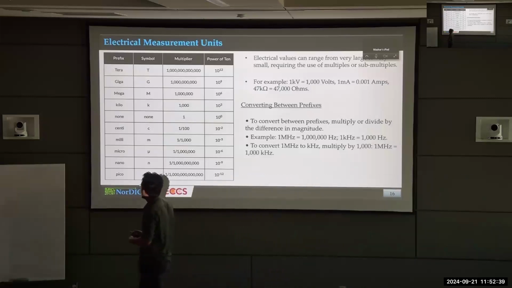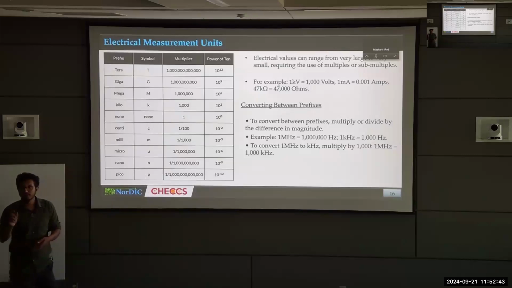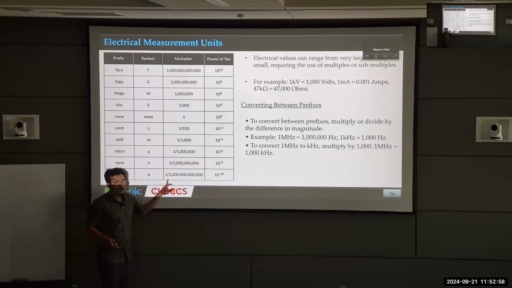You have heard about megabyte, terabyte of memories. So we often use the terms mega, kilo, milli, right? This kind of measurement units. You must know what these typically mean, because people will not tell you, okay, I have a voltage source of 1 divided by 12.